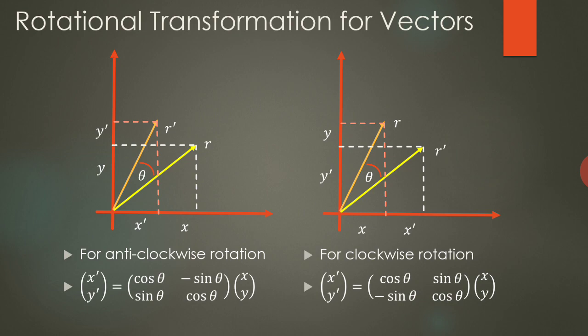I'll get the same matrix as clockwise motion of axis for anti-clockwise rotation of vector, and the same matrix as anti-clockwise rotation of axis for clockwise rotation of vector. For anti-clockwise motion of the vector, the negative sign for sin theta comes in the upper portion, and for clockwise rotation of the vector, the negative sign for sin theta comes in the lower portion of the matrix.